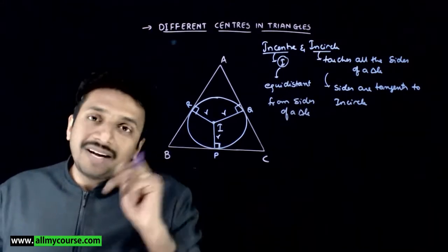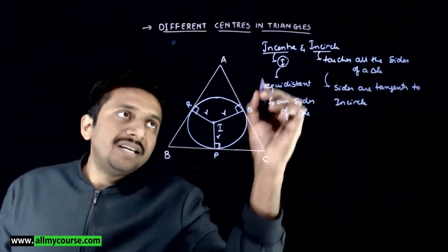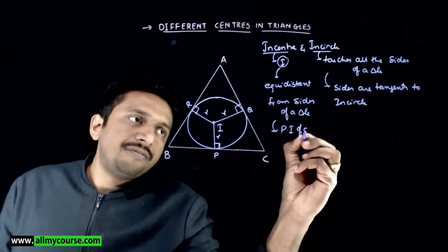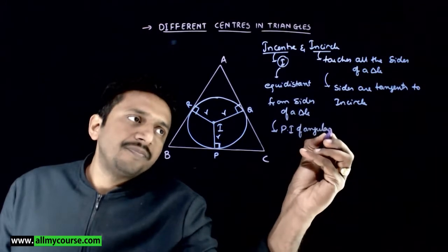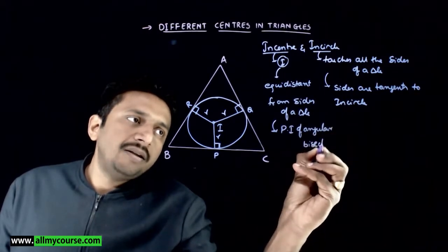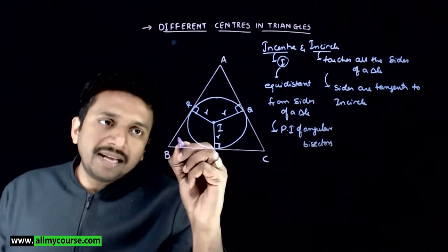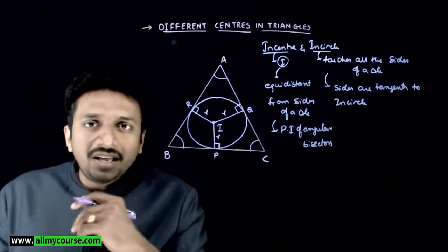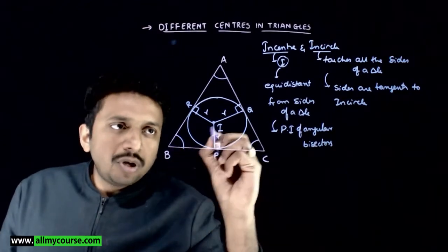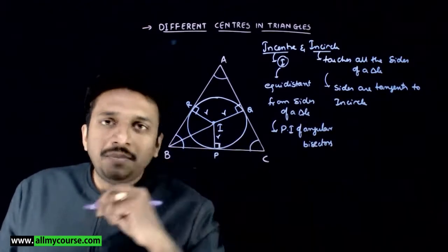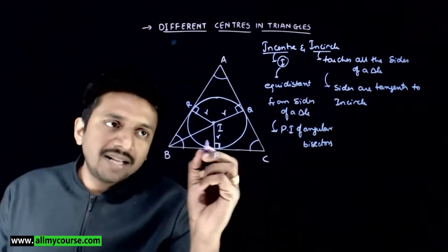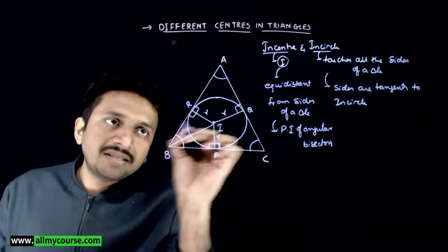So now, how do I get the incenter? Incenter is the point of intersection of angular bisectors of angles A, B and C. This can be very easily proved because if you join BI and take these two triangles, one angle is 90 degrees.